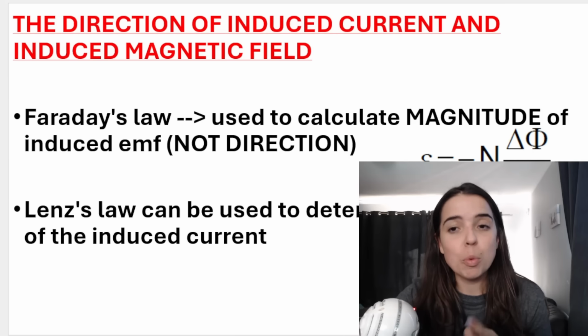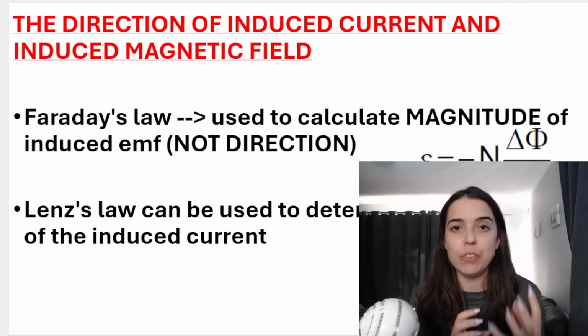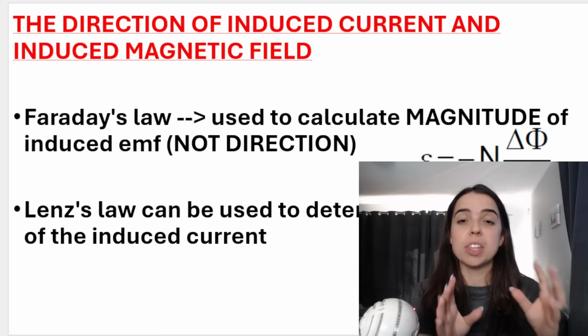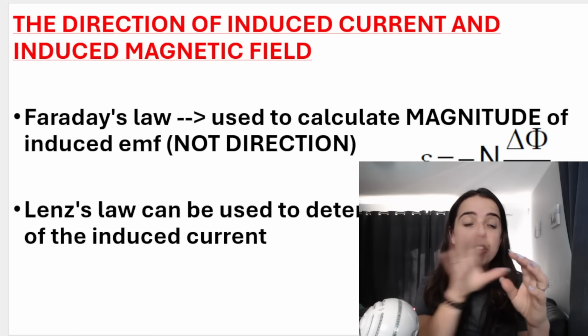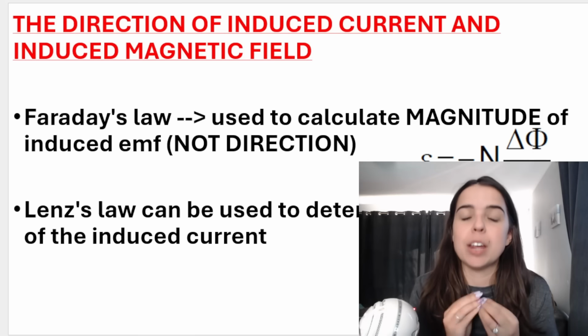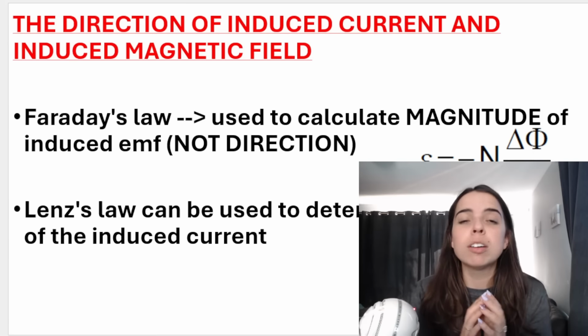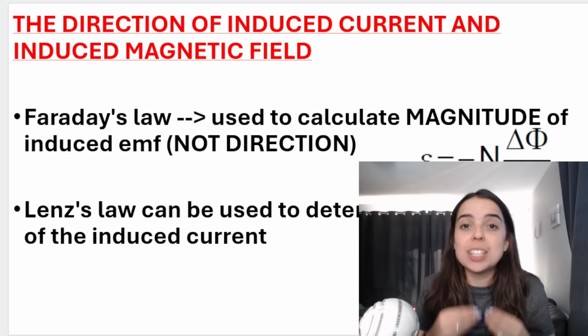So just to recap, when there's relative motion between a magnet with its magnetic field and a conductor, so for example, when the magnet moves into and out of the conductor, there will be an induced EMF, in other words, an EMF that is created along the ends of the conductor, which is a voltage, and therefore an induced current.